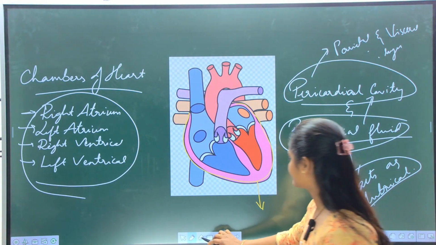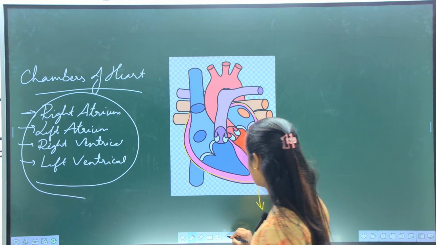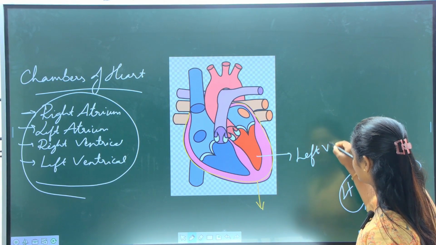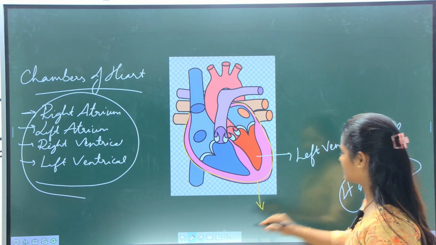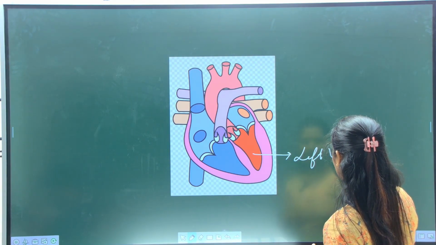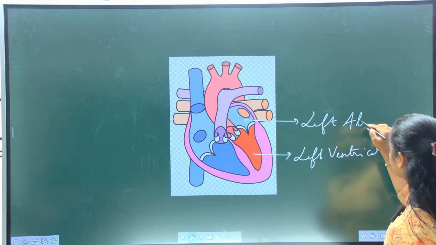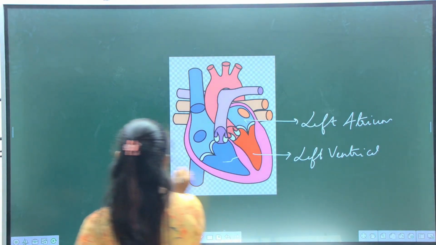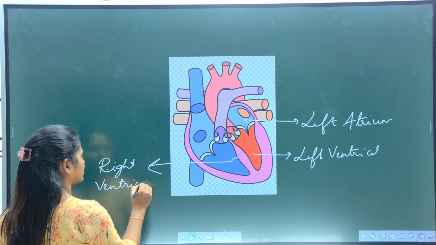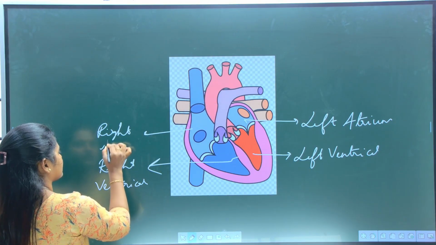Now coming to the labeling of the heart, this is the left ventricle, the left atrium, and this is the right ventricle, and this is the right atrium.